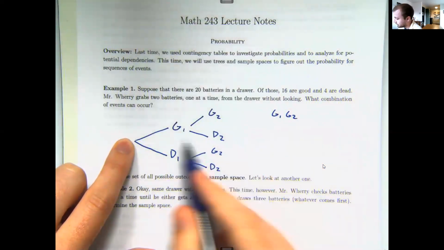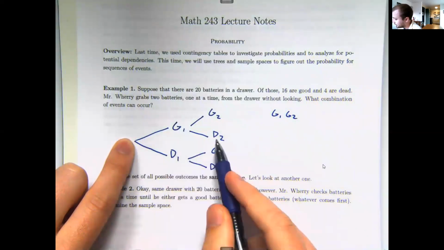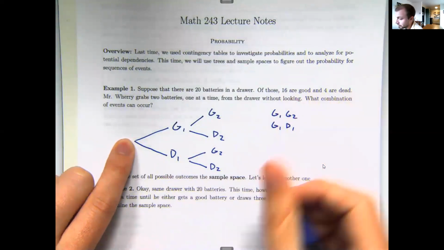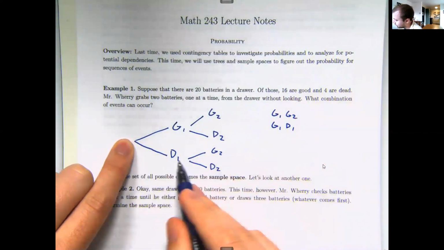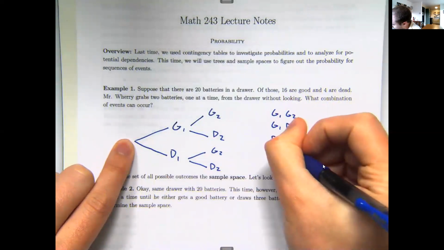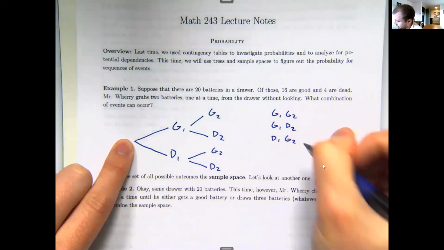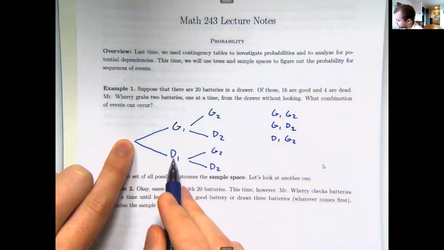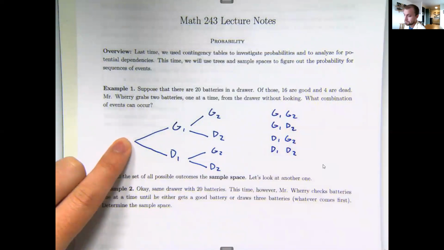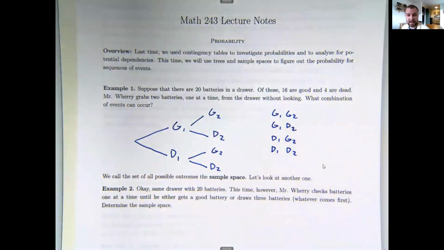Let's look at this sequence: that's a good on the first and a dead on the second. Let's look at the next one: dead on the first, but good on the second. Let's look at this last one: dead on the first and dead on the second. So that's my list of everything that can happen.